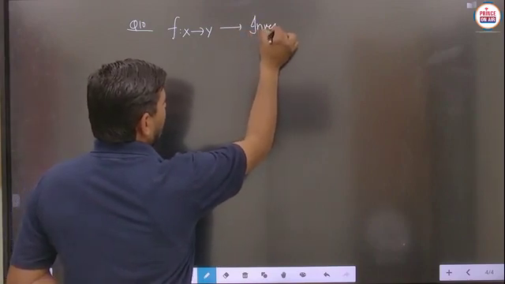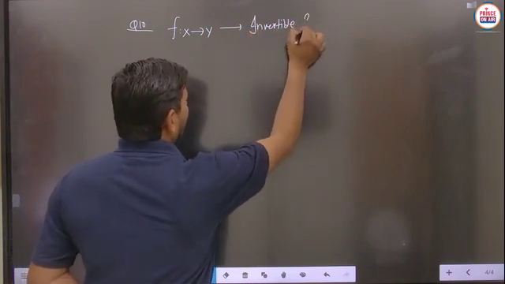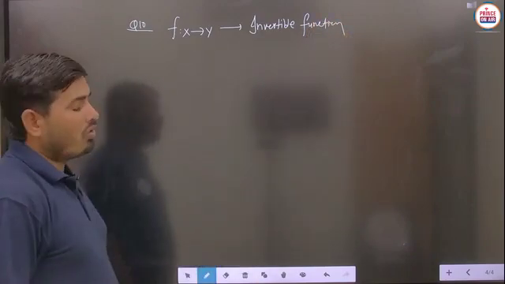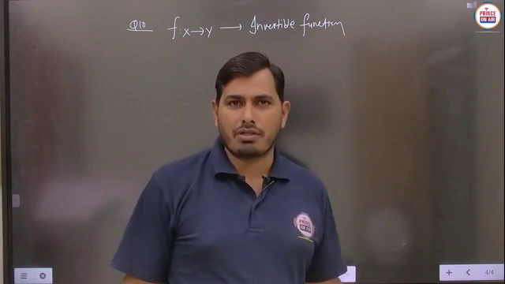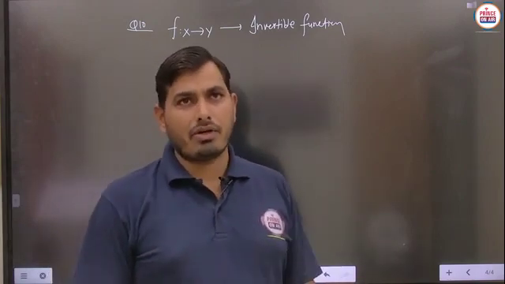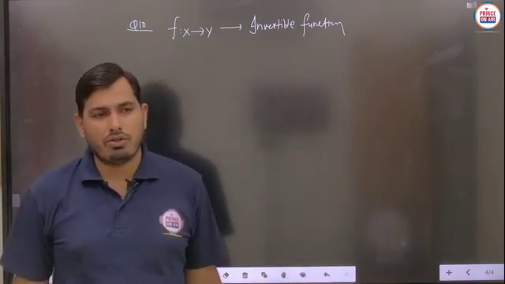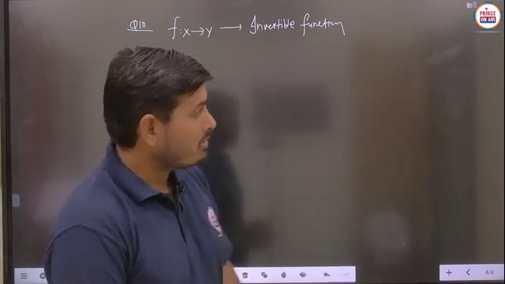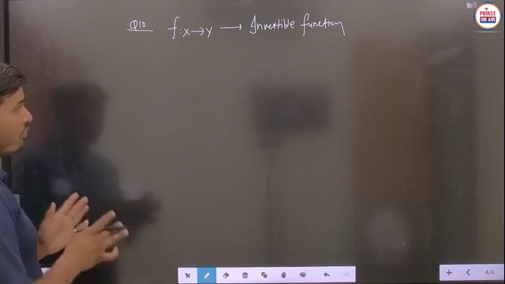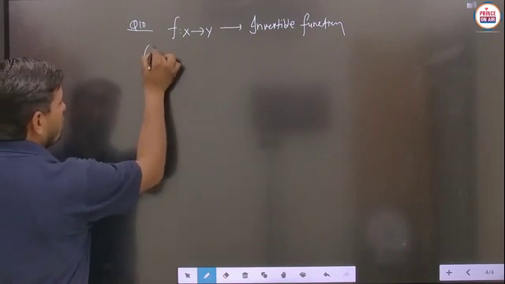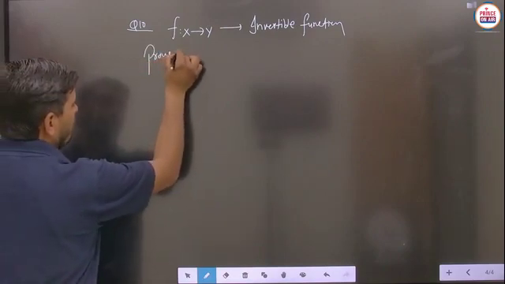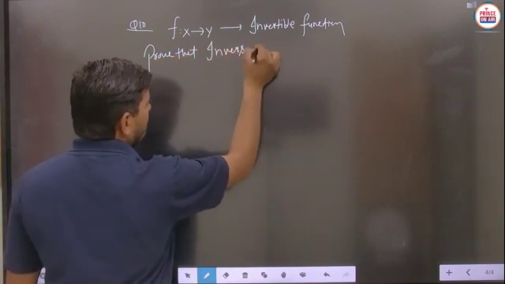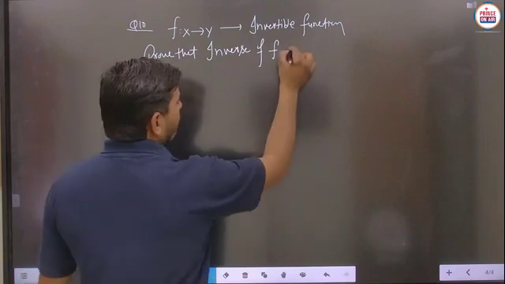Any function that is invertible is automatically a bijective function, and in the case of a bijective function, you know very well, the function is always one-one and onto. So we just have to prove that the inverse of this f will be unique.